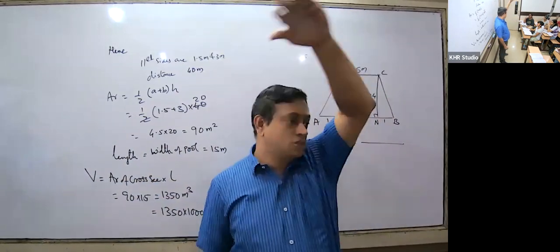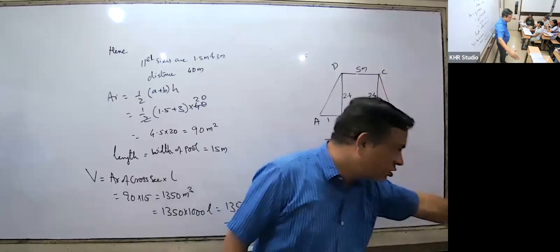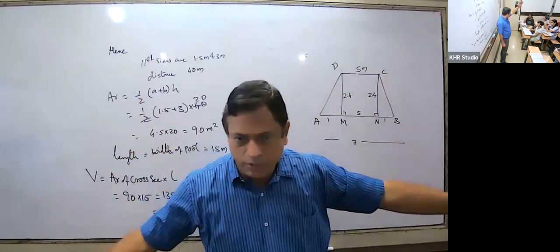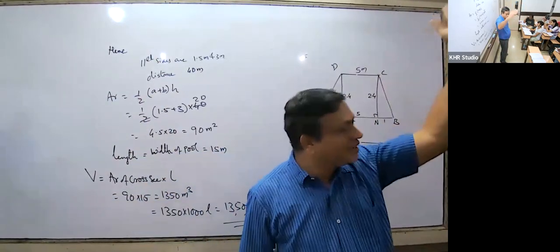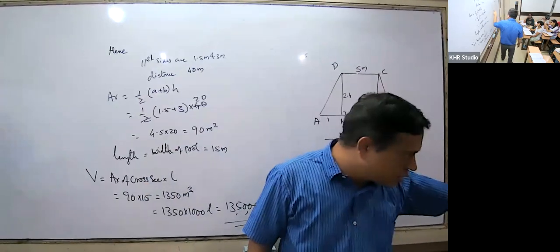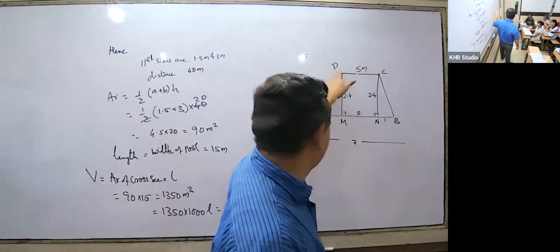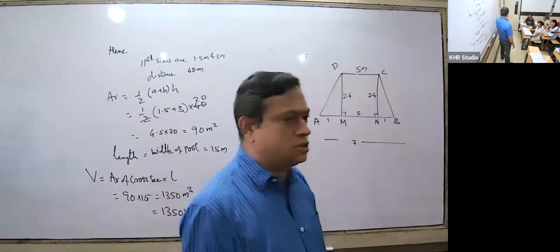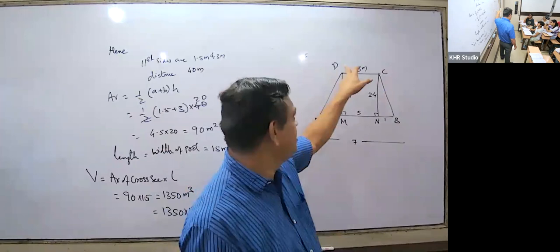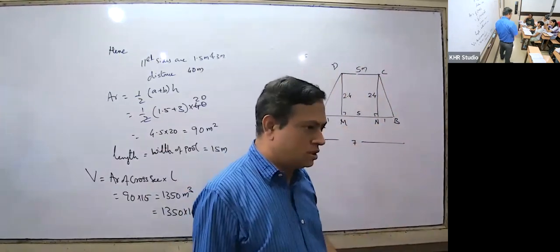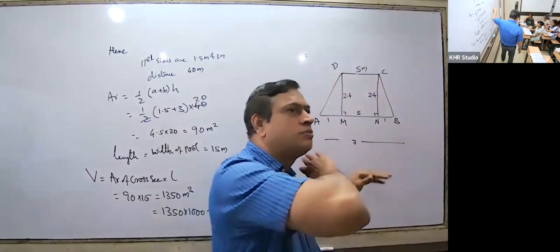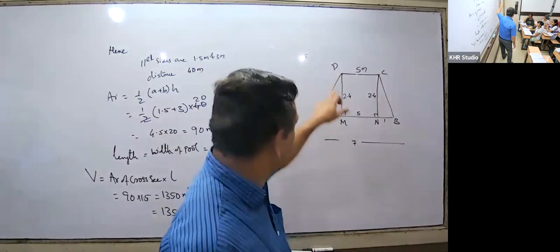This part, this part, and this part are to be painted. This is a rectangle, this is another rectangle, this is another rectangle. You can take the perimeter of the cross section to be painted, means AD plus CD plus BC. You don't need to paint this one, no? Multiplied by the length. Or this into length, plus this into length, plus this into length.